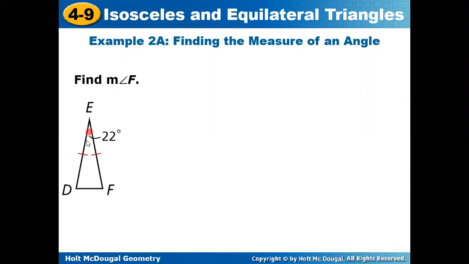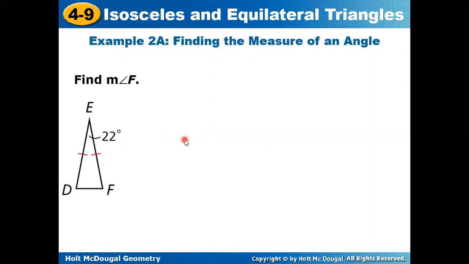Find measure of angle F. We have an isosceles triangle because the side DE is congruent to the side FE. So the opposite angles, or the base angles, of the isosceles triangle are congruent. And we know that the sum of the measures of angles of any triangle is 180.